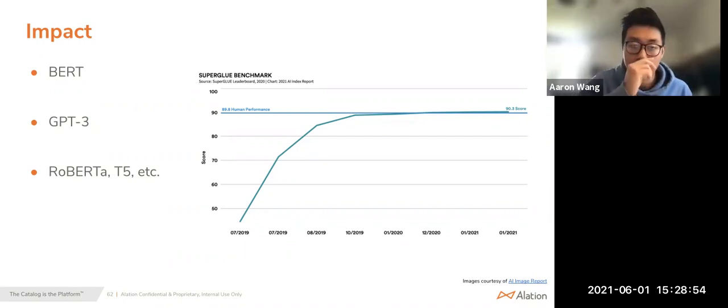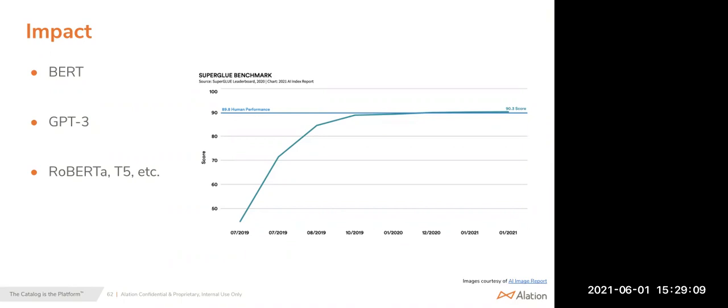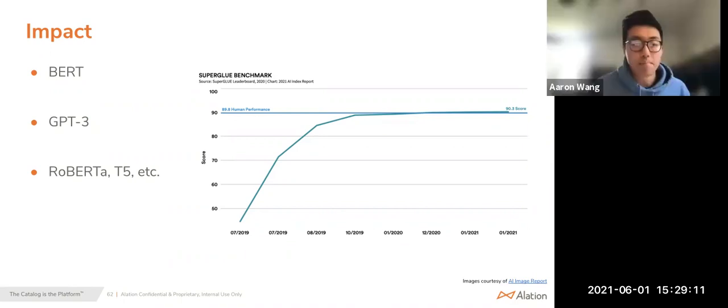And here, this graph just shows that since the release of GPT-2 and these other new architectures, we've seen a huge spike in the performance of NLP tasks. SuperGLUE stems from a previous data set in NLP, but it's the benchmark for how well these models perform on difficult NLP data sets.